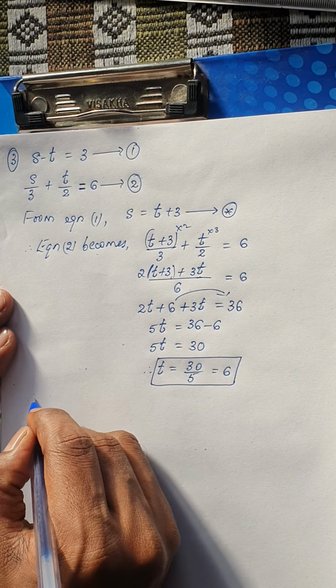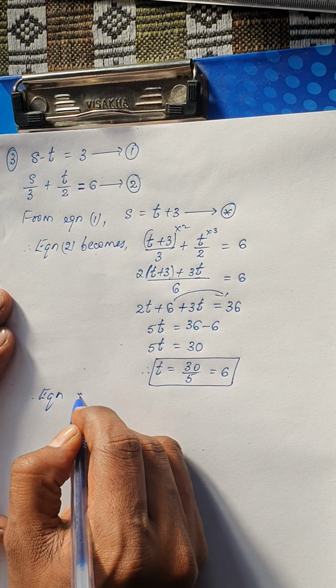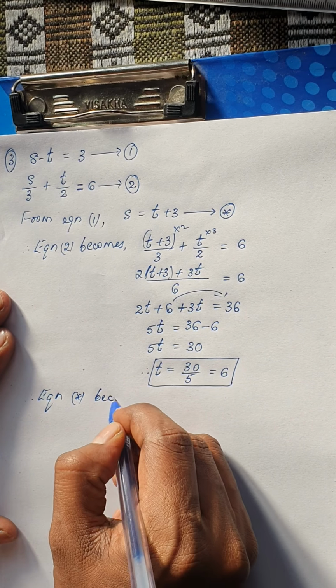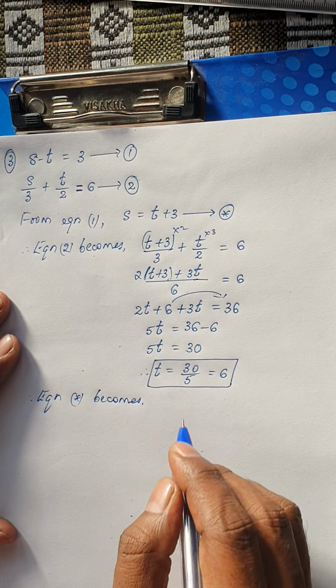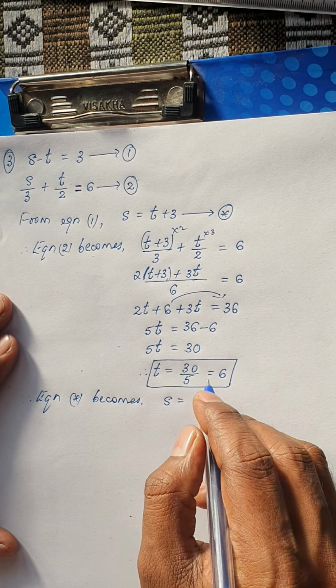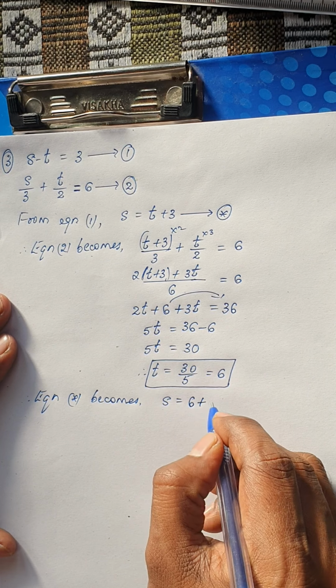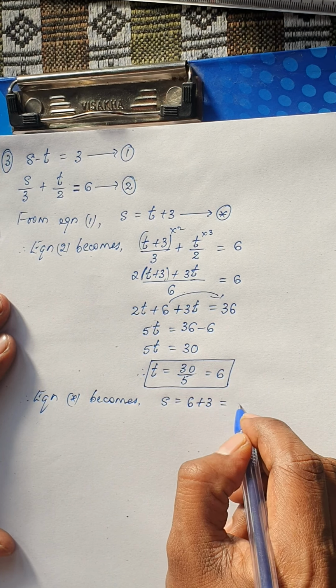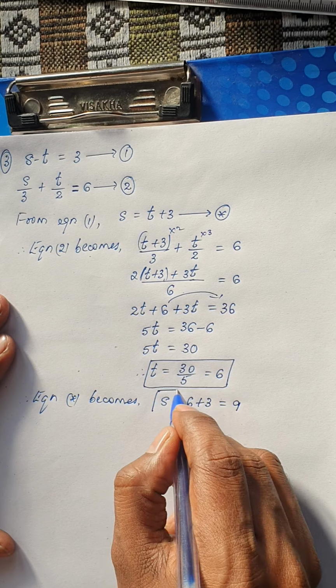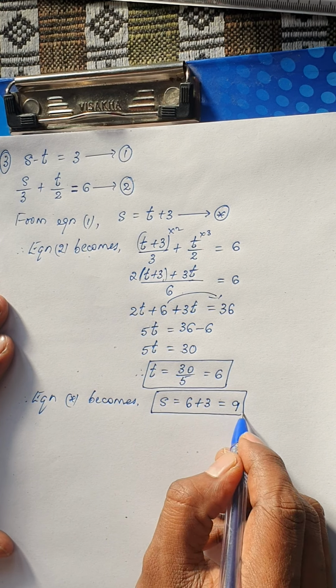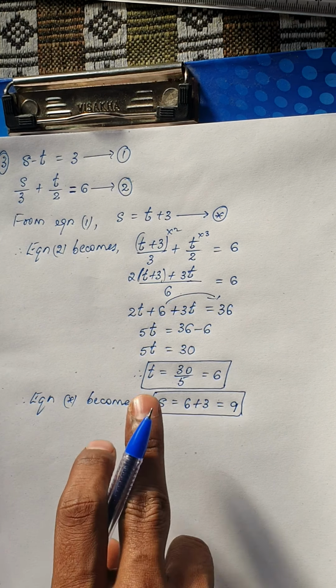Therefore equation star becomes s is nothing but, just substitute for t, that is 6 plus 3, so it is nothing but 9. Okay, so I got both the values for t and s.